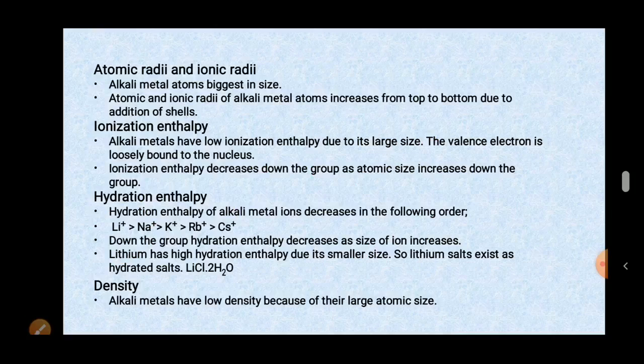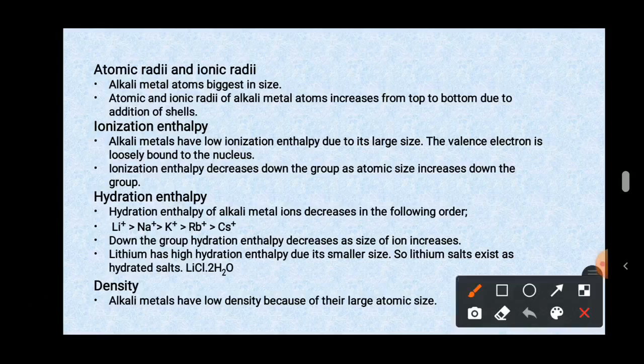Since lithium has a high hydration enthalpy due to its smaller size, lithium salt exists as a hydrated salt. Usually lithium chloride is always in the form of a hydrated salt, combined with water, because it has a high hydration enthalpy.